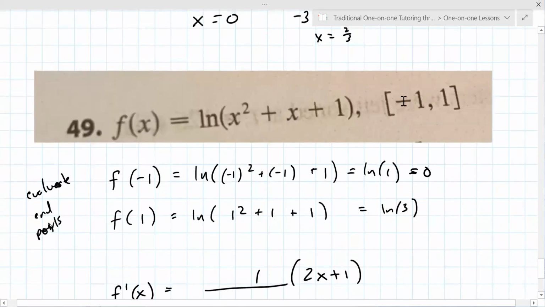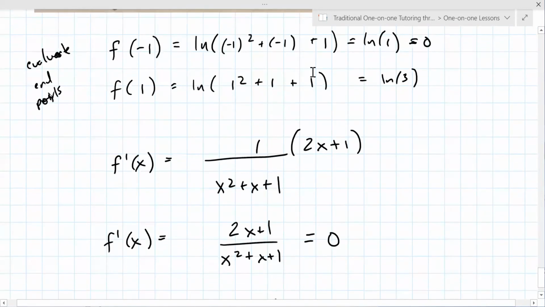Is that in between these two numbers? Is it between -1 and 1? Yes. So you have to come back up here and evaluate it at -1/2.